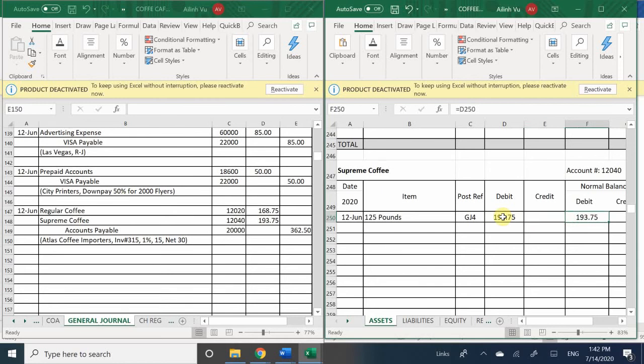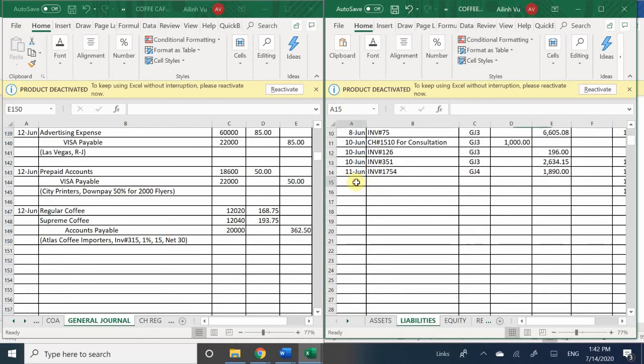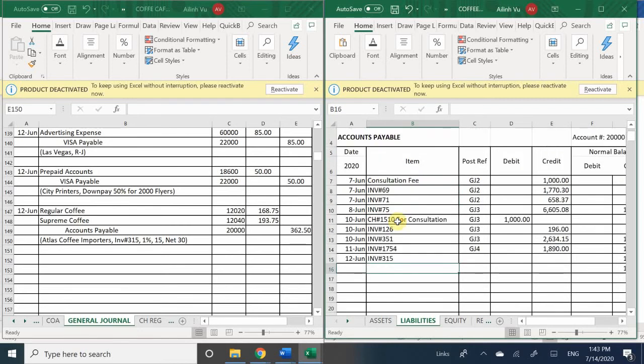Lastly, we need to update our accounts payable. Here I'm going to indicate 6/12. My item is going to be invoice number 315. The page is 17, top of page 17. General journal number 4.